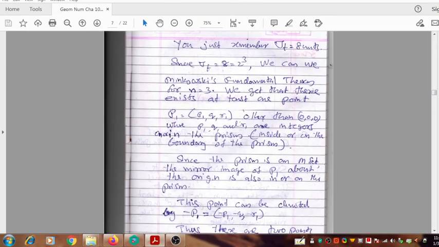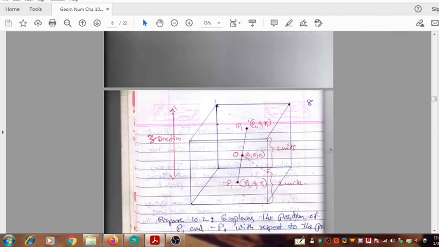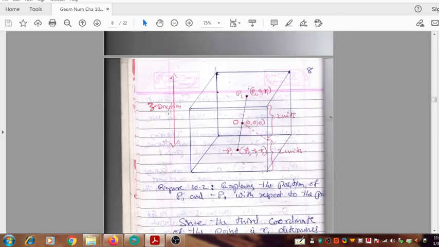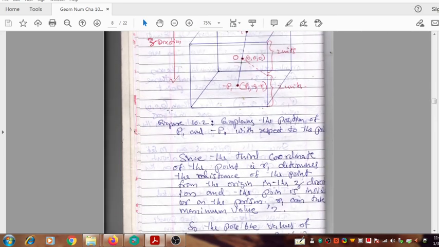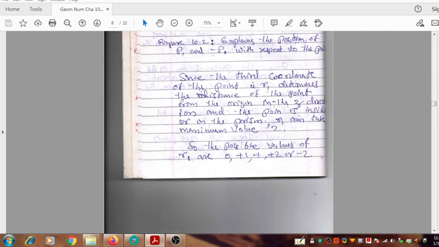So all this we have finished, we have completed up to this point. And this figure we discussed. Then since the third coordinate of the point is r1, that determines the distance of the point from the origin in the z direction.